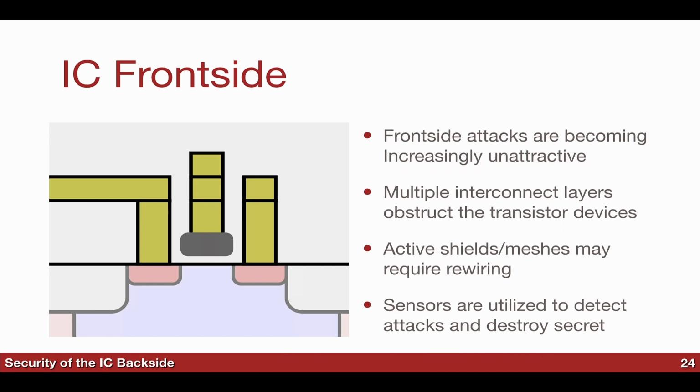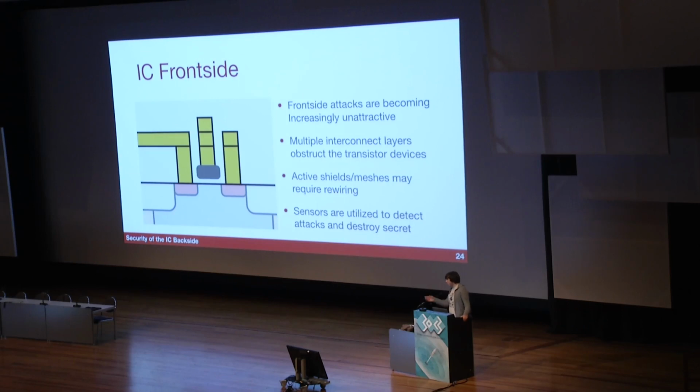And the other thing is you have countermeasures like active shields and meshes. So what manufacturers do now is, let's say you buy a SIM card. You'll probably have a not very secure device because everyone wants their SIM card for free, so no one's willing to pay a lot of money for it.